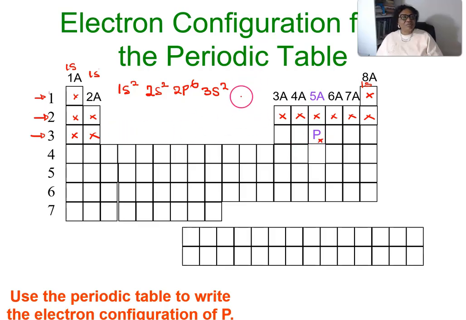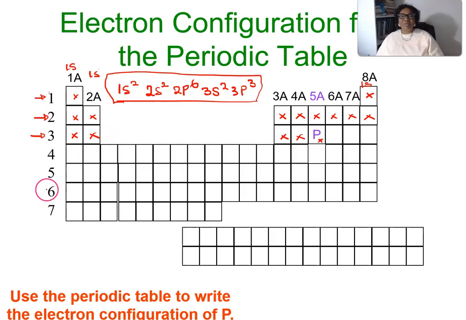So we go to 3p. We are going to count the boxes until we get here: 1, 2, 3. So this is the electronic configuration of phosphorus, which we have written using the periodic table. Let's take another example.